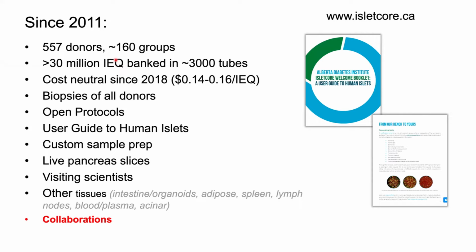We rely entirely on cost recovery charges. We have open protocols at protocols.io. We publish on our website things like this user guide to human islets, which is shown at the right. And we can do collaborative work like custom sample prep or live pancreas slices. We often have visiting scientists in the lab. We have a couple here from Germany at the moment.